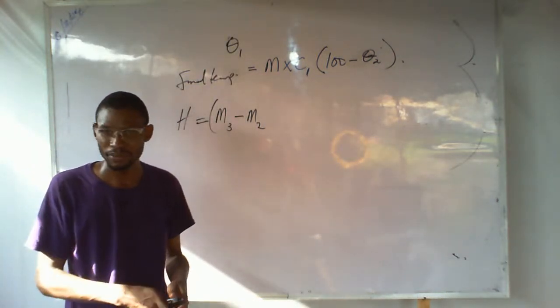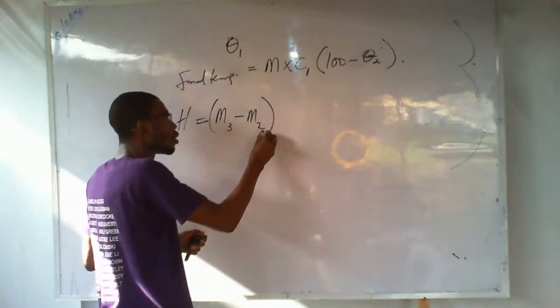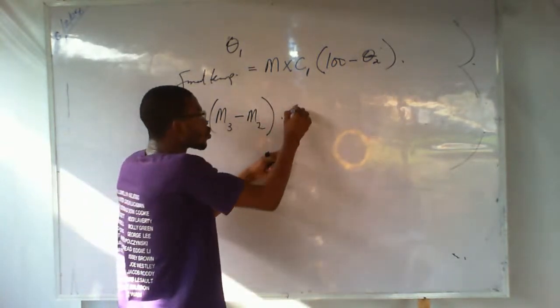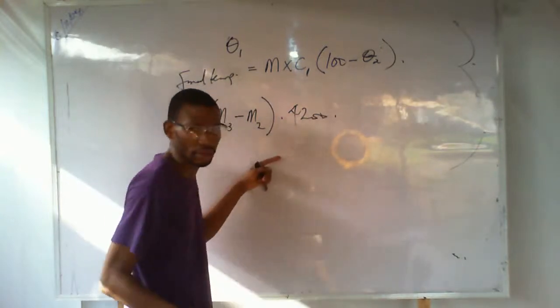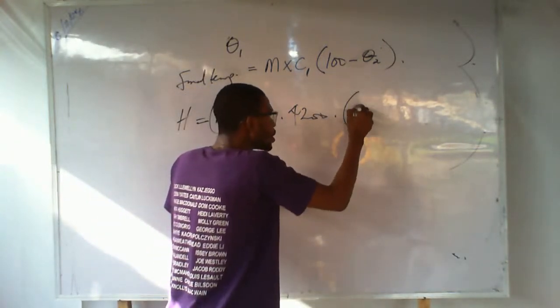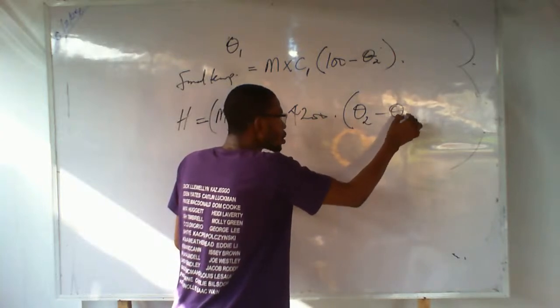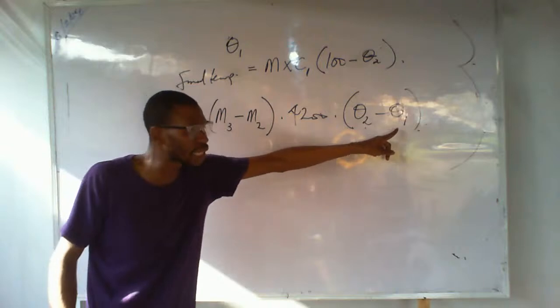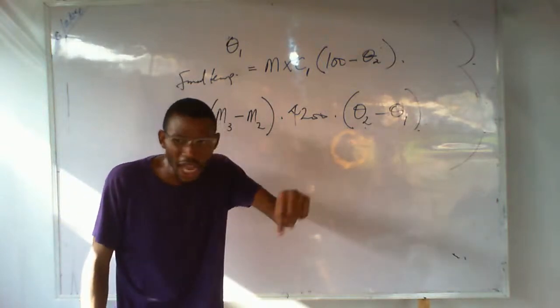Are you getting what I'm saying? Now, what is the specific heat capacity of water? 4,200. Then multiply by theta 2 minus what? What's theta 2? What's theta 1?